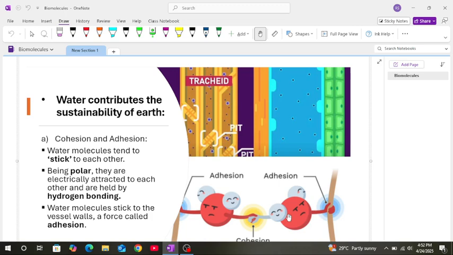Now we'll read the specific definition of adhesion: water molecules stick to the vessel wall. Now this vessel wall is not a water molecule, it's different from a water molecule, but the water molecule has the ability to make a bond or can be attracted to the xylem vessel.